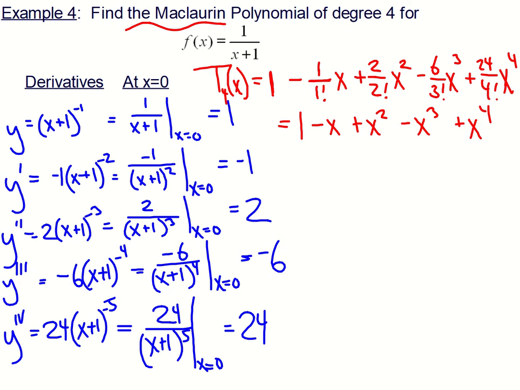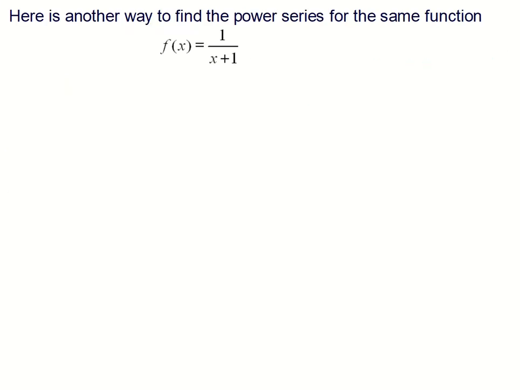And I'm hoping that you recognize that we've actually done that before, interestingly enough. And so let's just recap that so that hopefully you're making some connections here. We did this as a geometric series a few sections ago where we said that this was 1 over 1 plus x, which was 1 over 1 minus negative x.